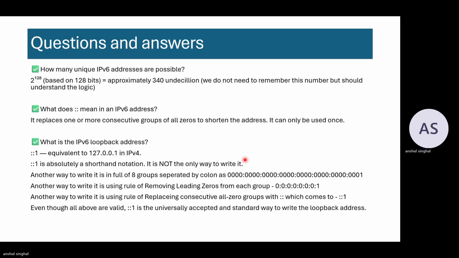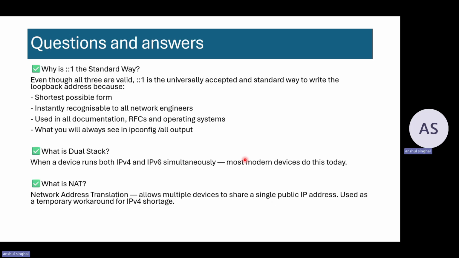Now somebody might ask, why is ::1 the standard way? Maybe because it is the shortest possible form, and it is instantly recognizable to all network engineers.